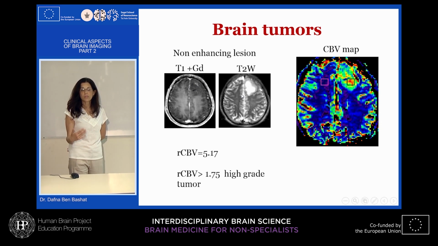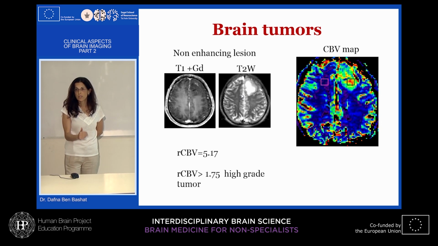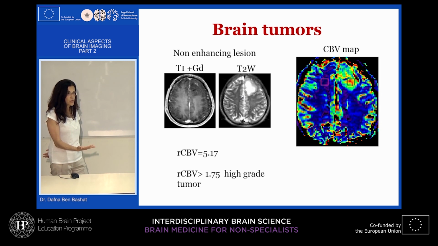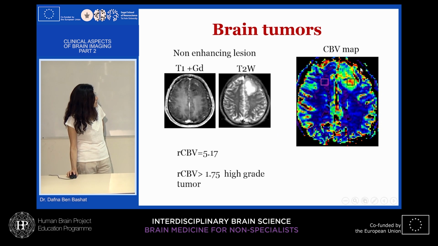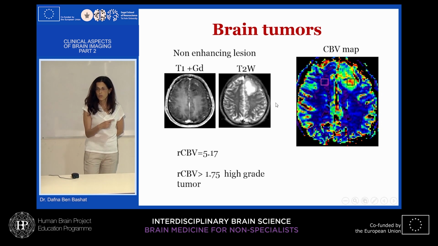We see a tumor, we see a lesion, but since it's not enhancing, everybody assumed it was a low-grade glioma, meaning a benign tumor. But when we do perfusion, you can see that the cerebral blood volume is very, very big. When we measure a ratio, we got a ratio above 5. By clinical criteria, if it's above 1.75, it's a high-grade tumor. And after biopsy, after surgery, it was glioblastoma, meaning a very malignant tumor.